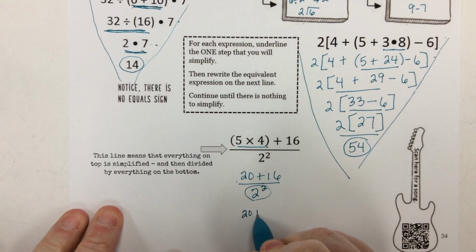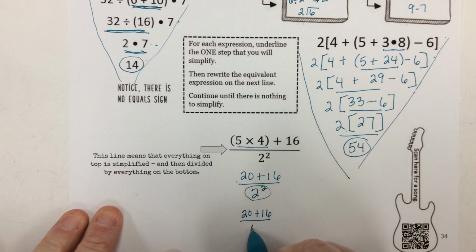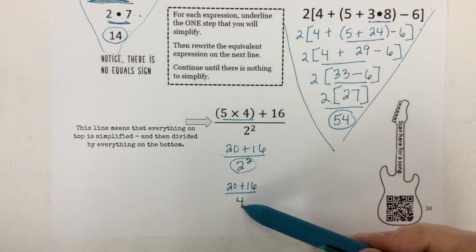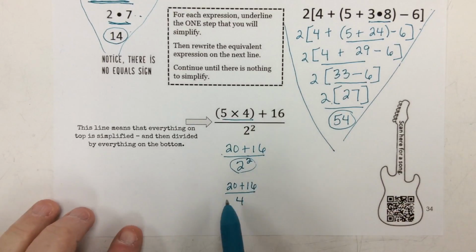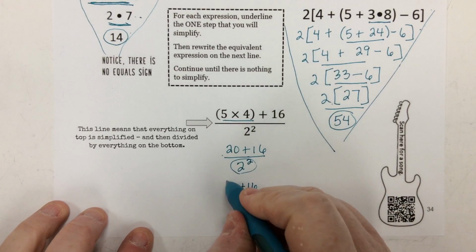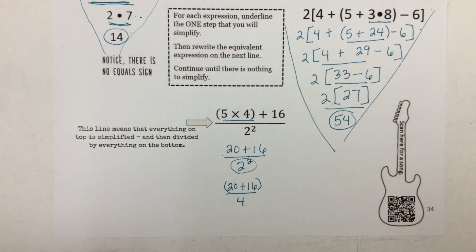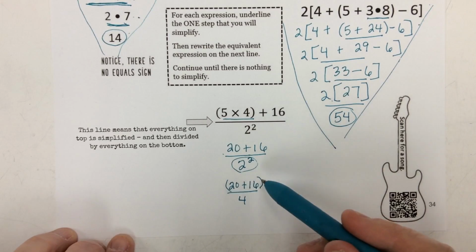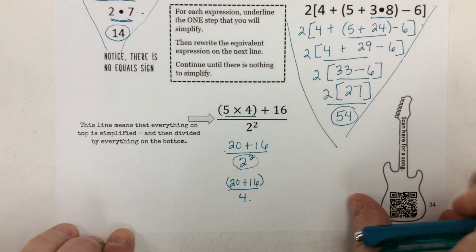So 20 plus 16 divided by 4. Now, even though it looks like I would do division next, having something across the whole top row is kind of like it being grouped together. That would mean that everything on top, I have to simplify as far as I can before I can divide by 4.